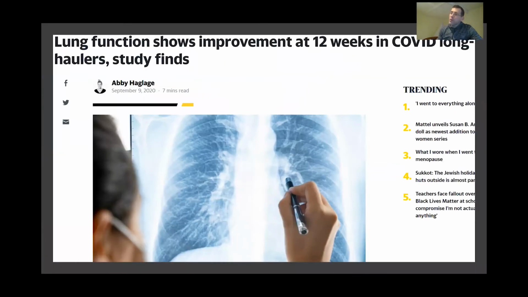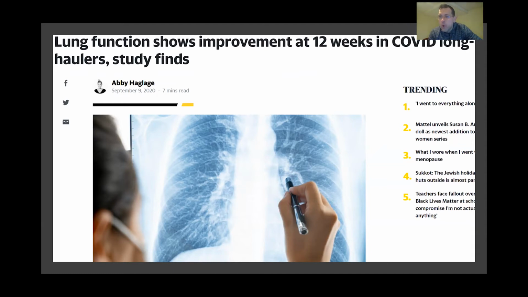Before I talk about some of the treatments, though, I wanted to talk about something that's a little more hopeful. This information was presented at the last European Society of Critical Care Medicine meeting. A presentation there talked about how lung function improves at 12 weeks in COVID in some of these long haulers. This is important because there's great concern about what's going to happen to some of these ICU patients that we're taking care of, who have been on mechanical ventilation for so long, and they finally come off.